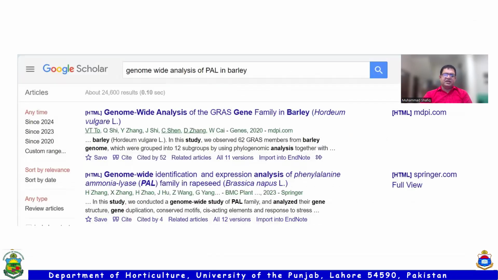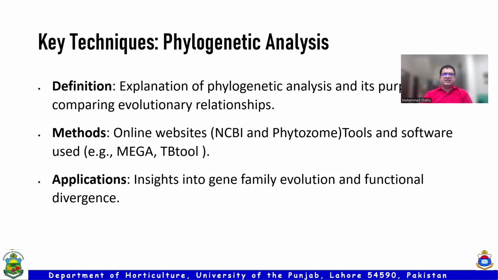Similarly, for genome-wide analysis of PAL, we survey the literature and understand the function of that gene through key techniques, such as explanation of the phylogenetic analysis and its comparison with the evolutionary relationship, to understand how this gene is present.